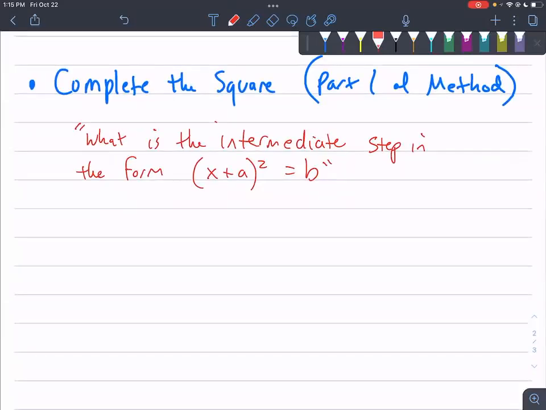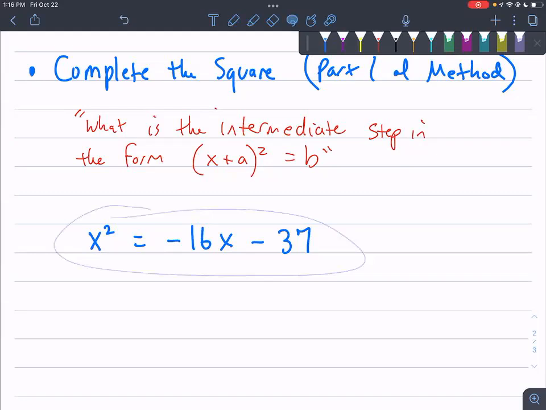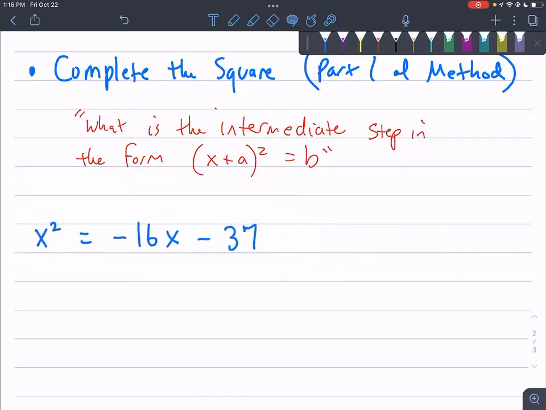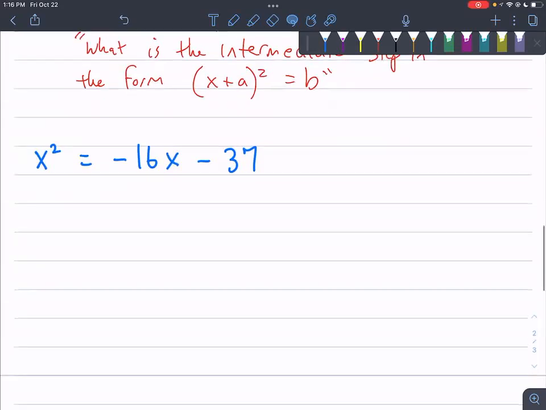You don't have to worry about making sense of that statement right now, but that's what the directions will say. What is the intermediate step in the form x plus a squared equals b? The a is your variable, right? Well, you'll get a look at it here in just a second.